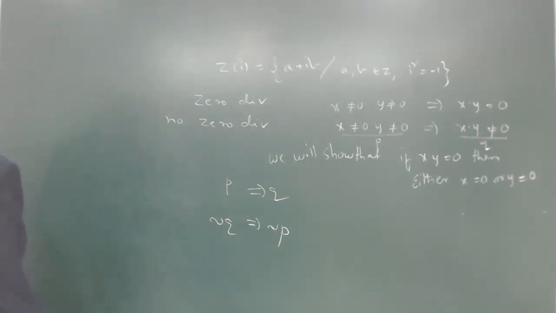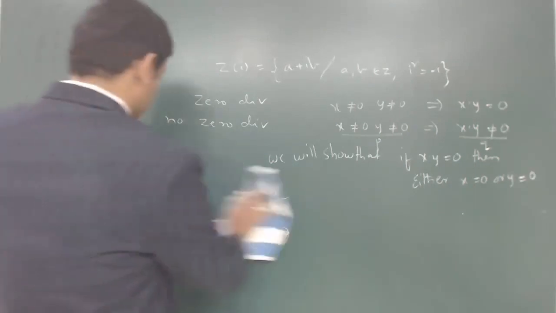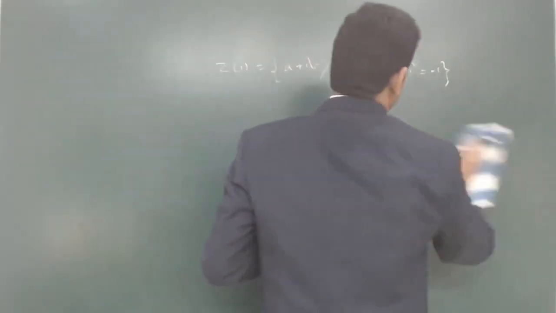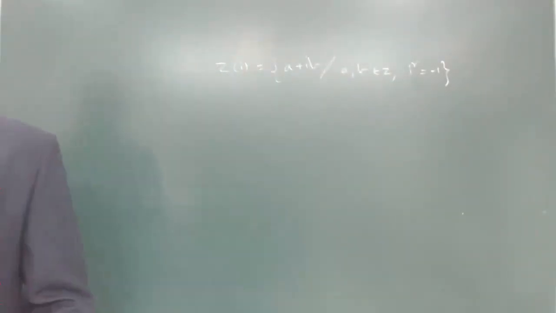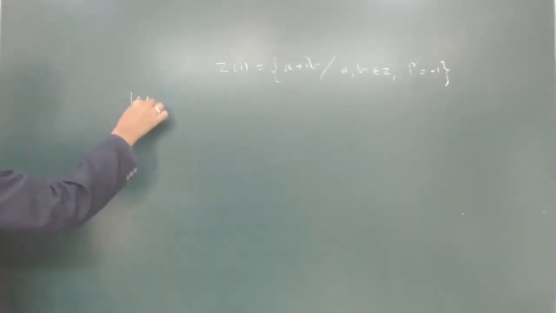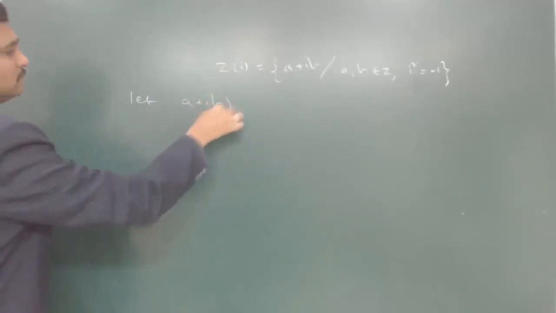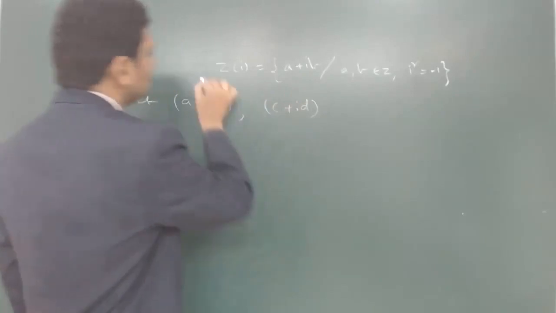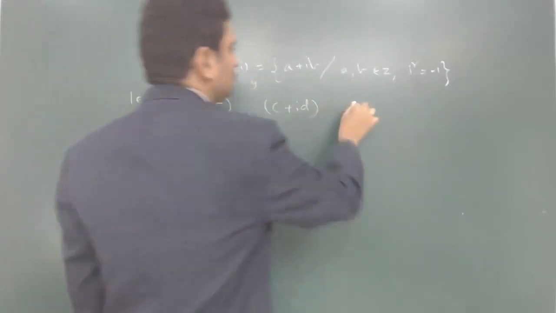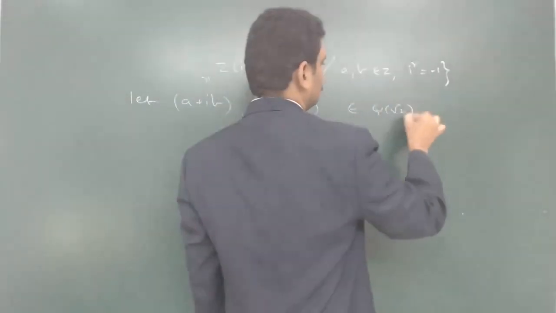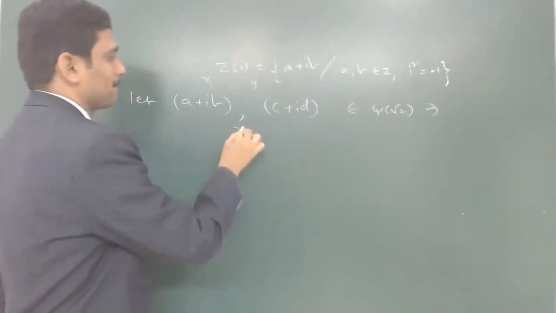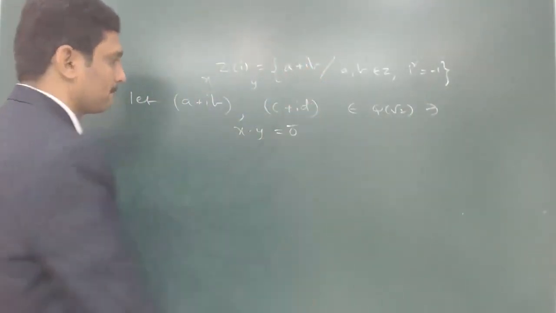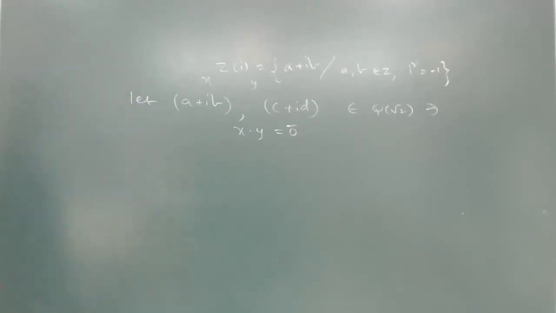Right. Now let us take the proof. Let us take this as x and this as y. What is meant by this 0 bar? Nothing but the 0 element.